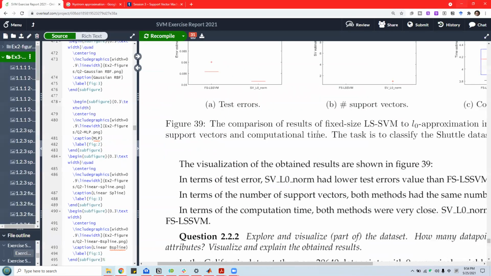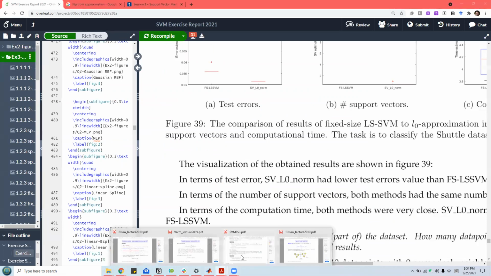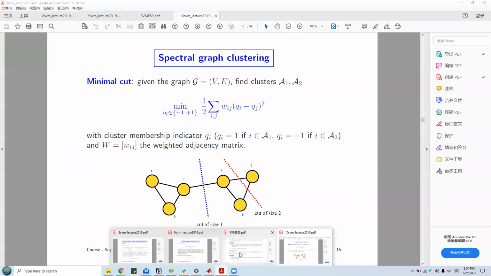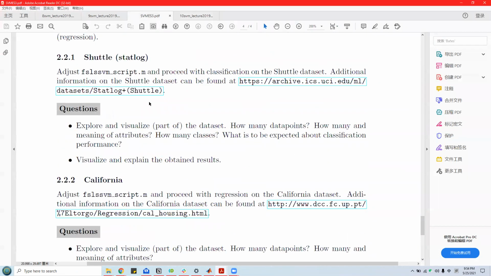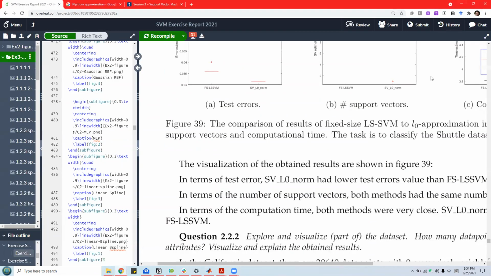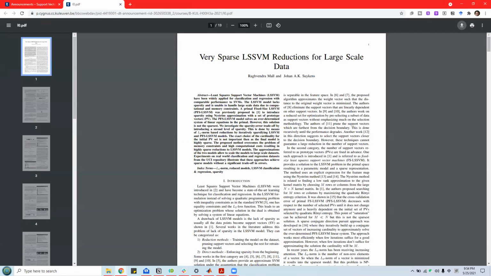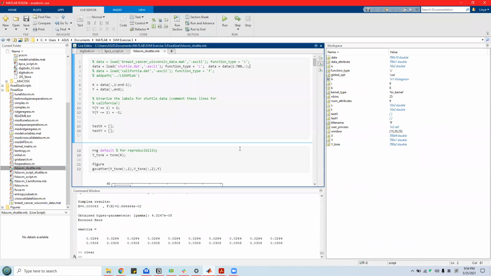So another one, just getting back to why. So like you guys said, actually the Shuttle data set is more than just 700. It's just choosing, if you use the default one, it's 700.